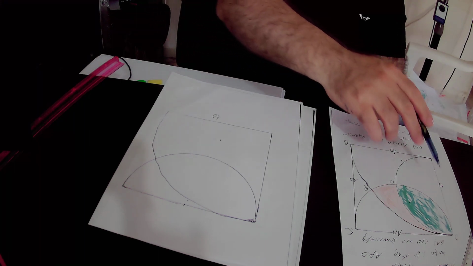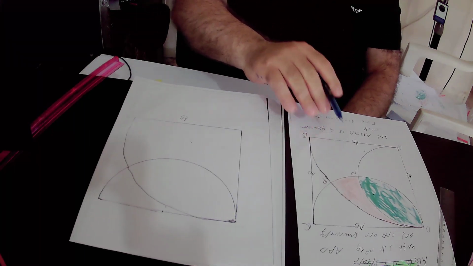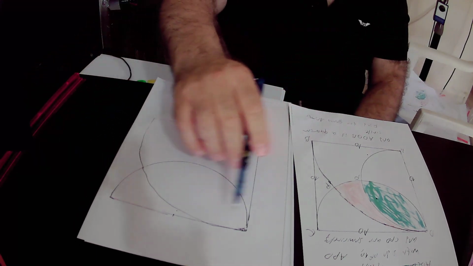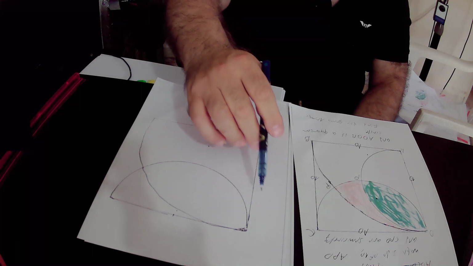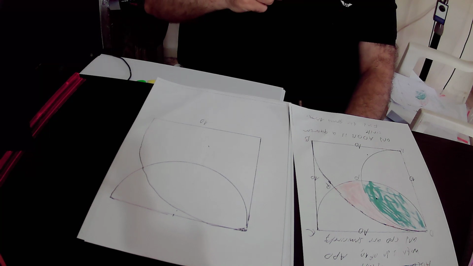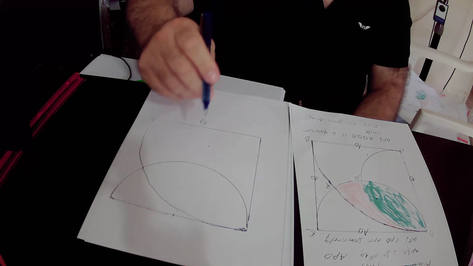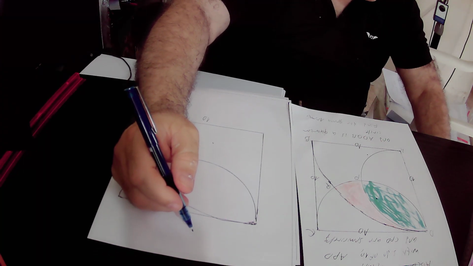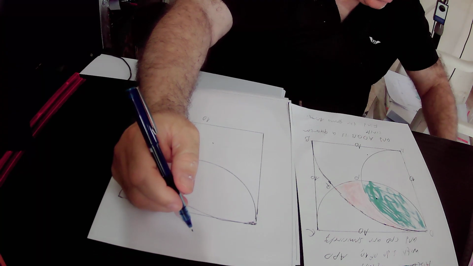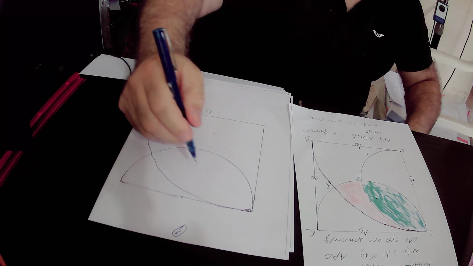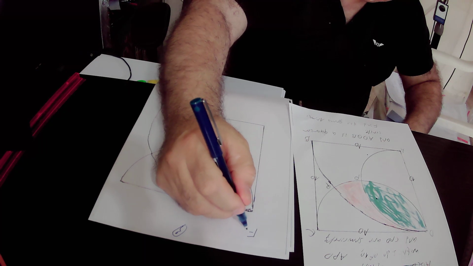Actually, this big lens was created by the intersection of this quarter circle with the semicircle. So here I write down that our mission is to find out the area of the big lens.